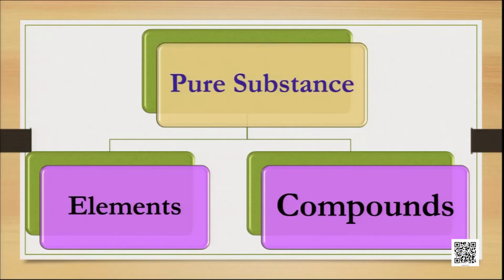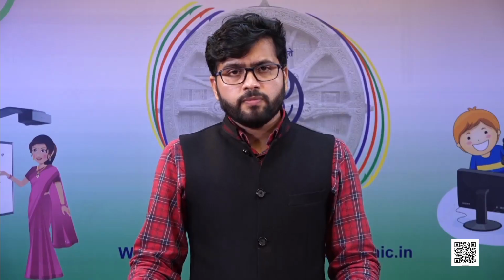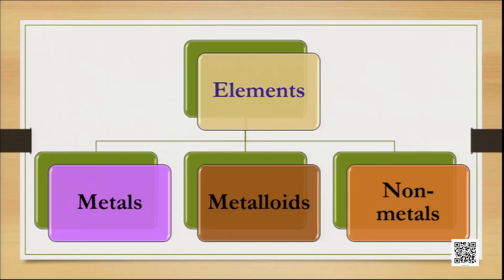As all of you know, pure substances are classified into two types. One is elements and another one is compounds. And we all know that there are 118 elements in nature. And again, elements are classified into three important types: metals, metalloids and non-metals.